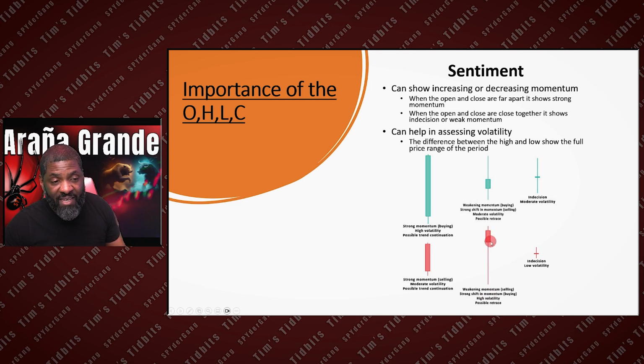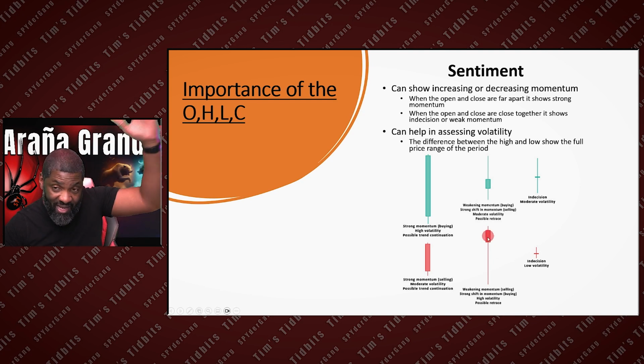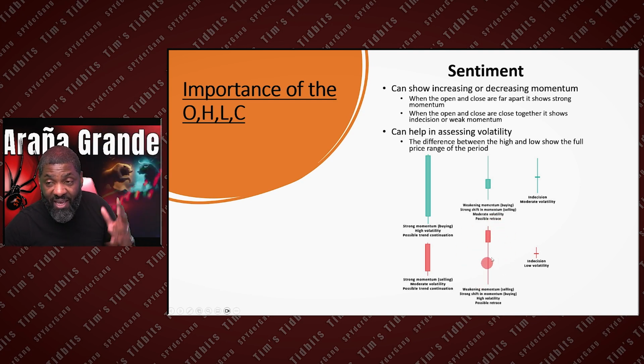Okay, this candle here: weakening of the selling momentum, but a strong shift to the buying momentum. Because again, at some point in time, price had sold all the way down to here, but there was a strong shift in buying momentum that pushed it up to close in the top quarter of the entire candle.